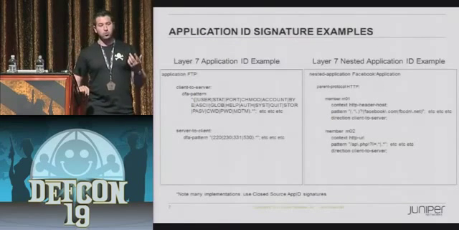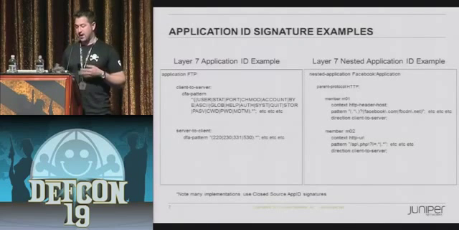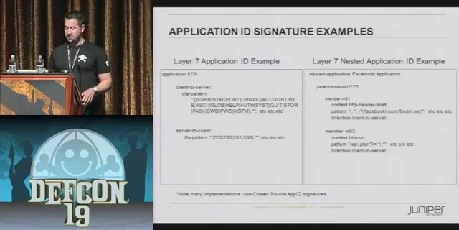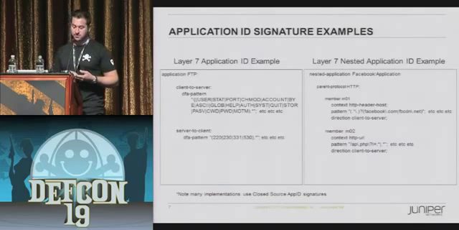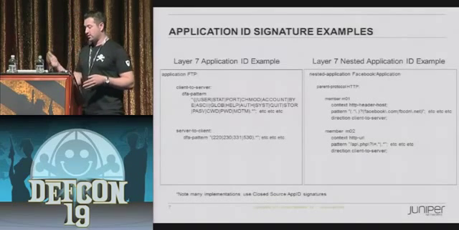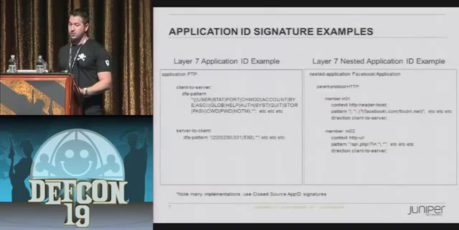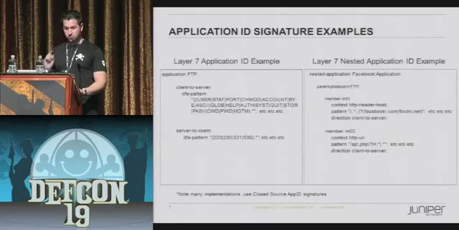Now, I just wanted to show an example of what an App ID signature may be. Basically, these are pretty similar to IPS signatures, as I mentioned. We have both a layer 7 application and also a nested application. Looking at the left side, we're looking for a DFA pattern, and we're doing so in both directions in this specific implementation.